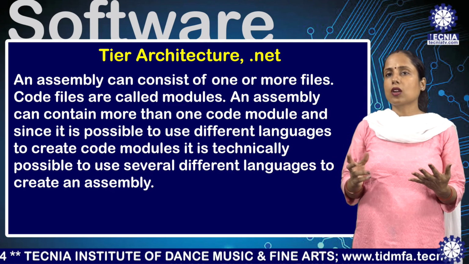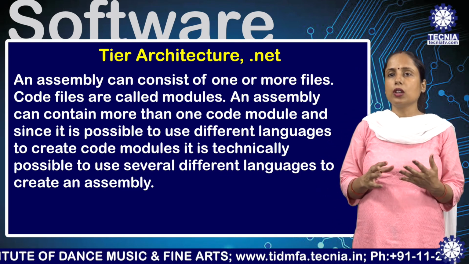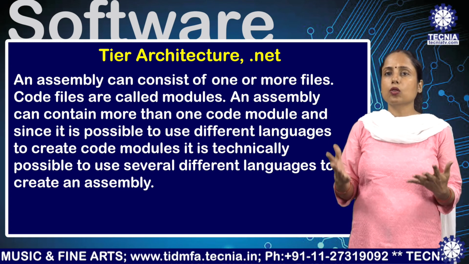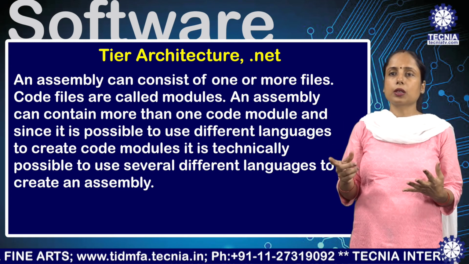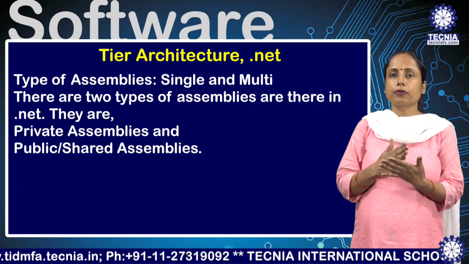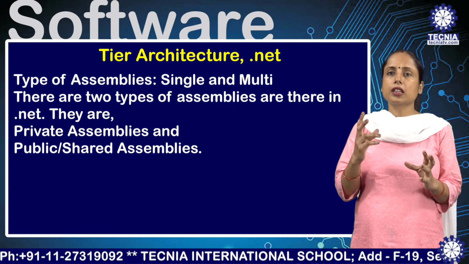These code files are called modules. An assembly can contain more than one code module, and since it is possible to use different languages to create code modules, it is technically possible to use several different languages to create an assembly. An assembly is of two types. One is single and another is multi.